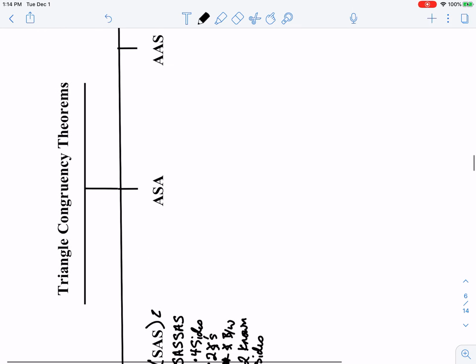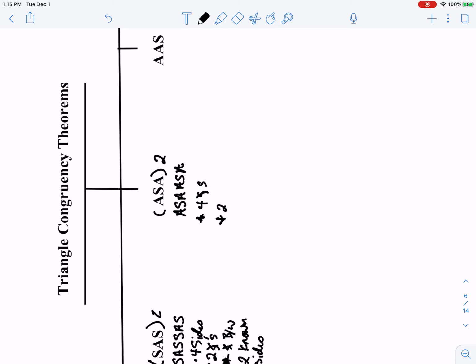Okay, the last one we're going to look at today is ASA. Again, multiply it by 2. So we're just going to write ASA, ASA. Okay, now we have 4 angles and 2 sides, with the known side S between the angles.